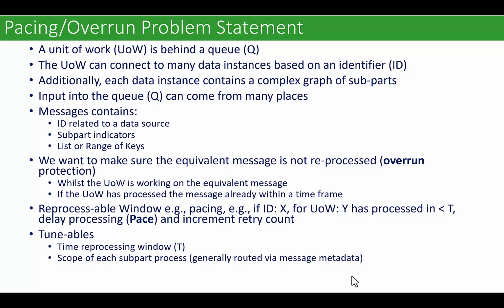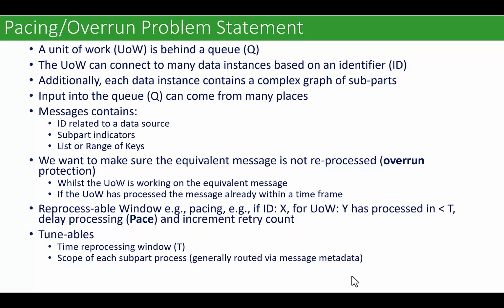But after the message is processed, there's some other way of looking up and asking an existential question, which is, have we done this unit of work for this part of the subgraph or this ID, yay or nay? And if it's something that's periodic, like updating a search index or whatever, have we done it sufficiently recently that doing it over again would be an expensive waste? So that's overrun protection.